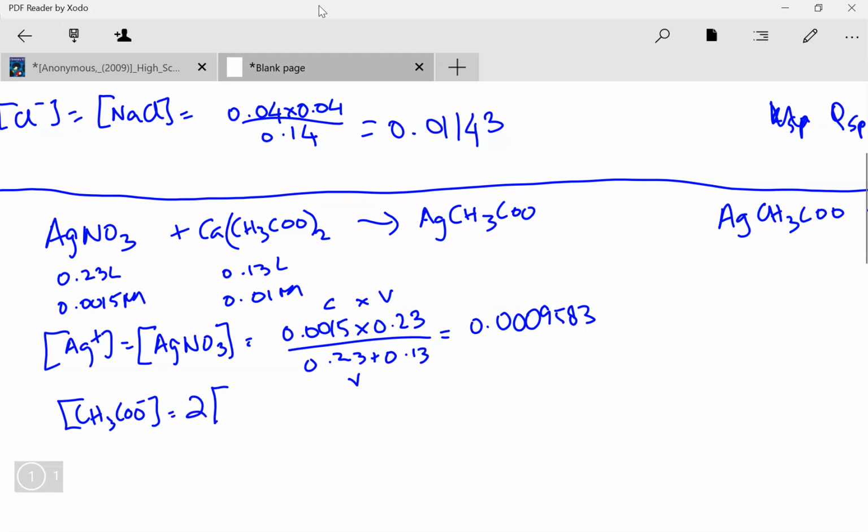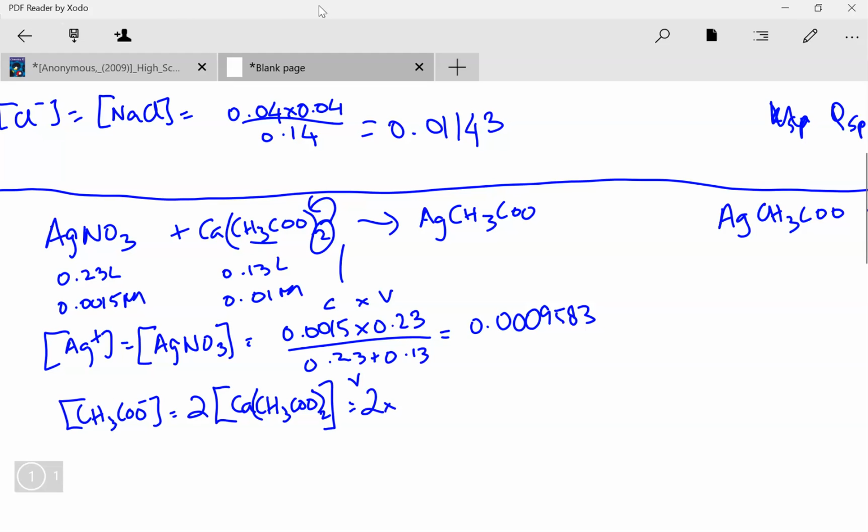Here is the trick: the acetate concentration is going to be 2 times the concentration of calcium acetate, because each calcium acetate gives me 2 acetate ions. So if there's 1 mole of this, I technically get 2 moles of acetate ions. Therefore I have to multiply it by 2.